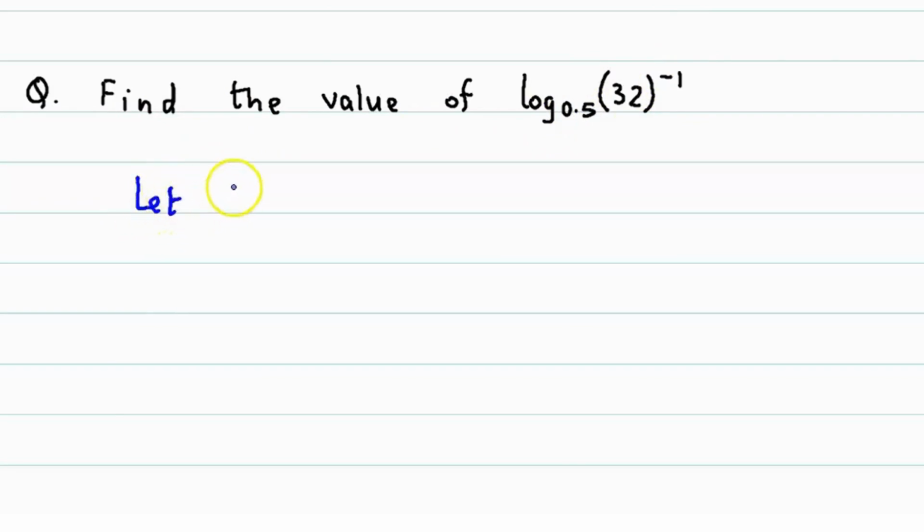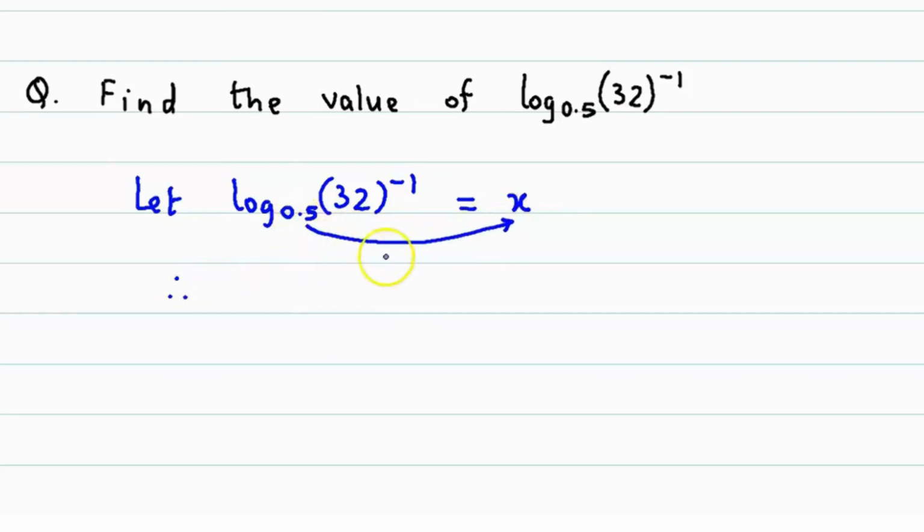Now suppose we consider log of 32 raised to minus 1 to the base 0.5 equal to x. अब ये log फॉर्म को हम कन्वर्ट करते हैं एक्सपोनेंशियल फॉर्म में, तो ये बेस तो इस तरफ चला जाएगा, तो ये रहेगा 0.5 रेज टू x, 0.5 रेज टू x इज इक्वल टू 32 रेज टू -1.